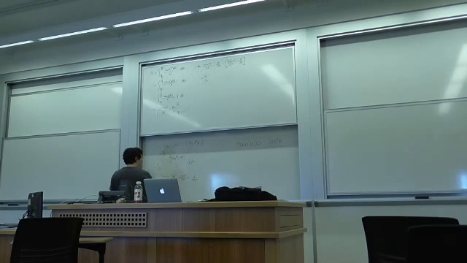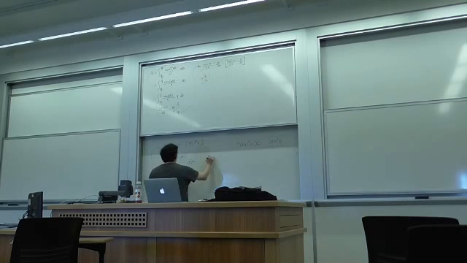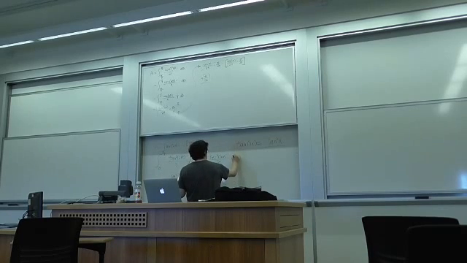So tangent squared plus 1 equals secant squared. So this is secant squared minus 1/2.